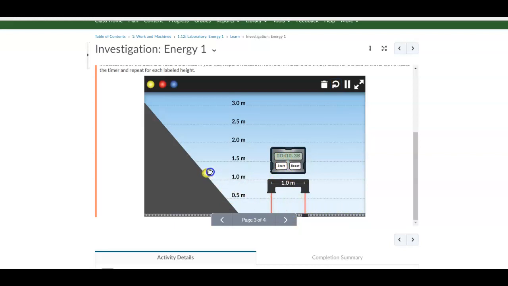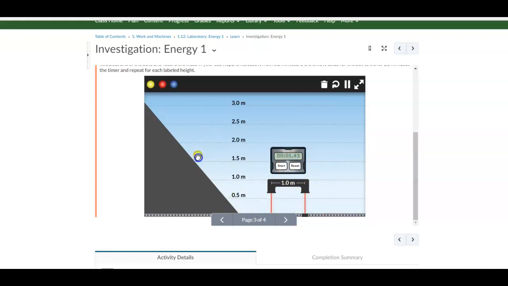So then we start at 1.0. Oh, I have to reset. You have to click the reset button. Sorry about that. So we're starting again, putting the ball on the ramp. Okay, it takes 0.24. So you have the 1 kilogram ball at 0.24. I did it again. I didn't reset.